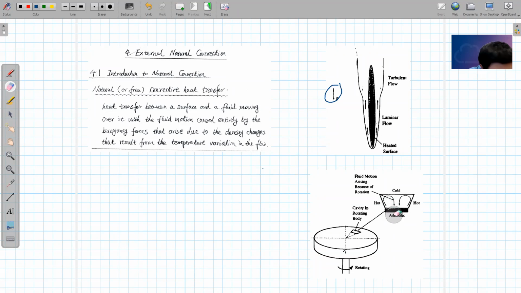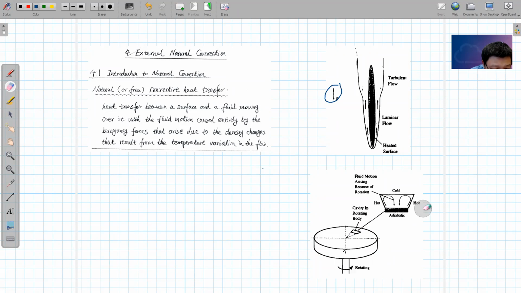And we can also have other forces. But this centrifugal force is not natural, because we manually rotate this rotator, creating this convection. And in this case, people call it free convection.